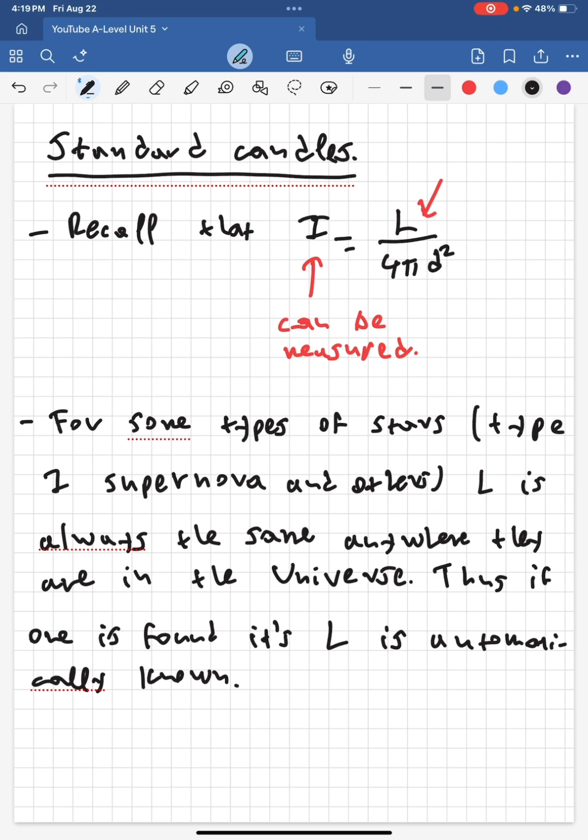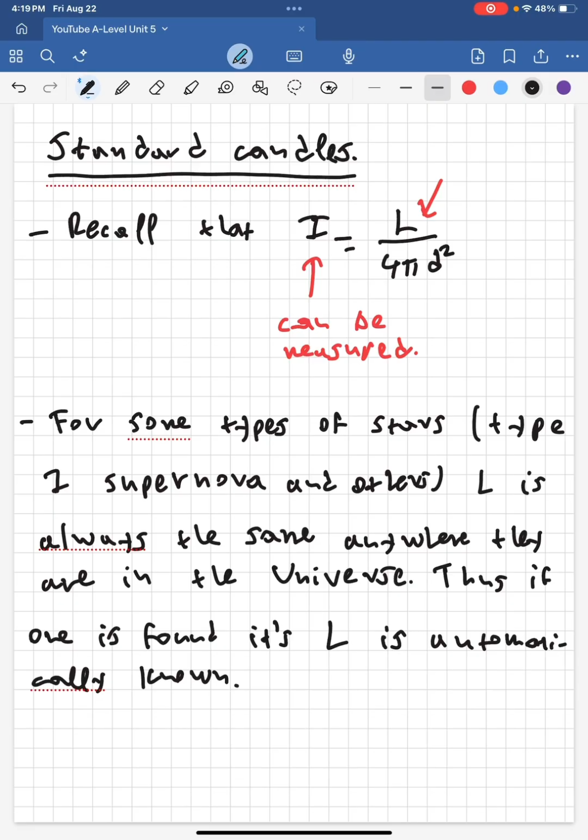Okay, and one important thing to note here is that the luminosity refers to the luminosity of the star. Therefore, standard candles were observed nearby initially.